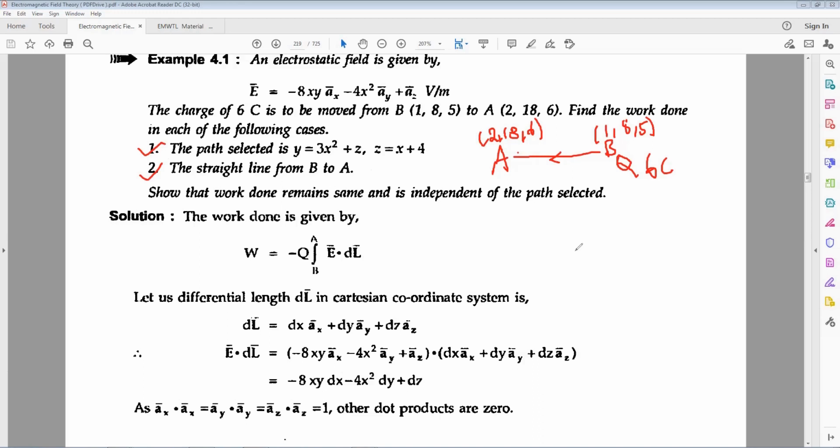The work done W is equal to, the formula is minus Q integral, 6 coulombs, and integral E bar dot dl, where E bar is minus 8xy ax bar minus 4x square ay bar plus az bar.